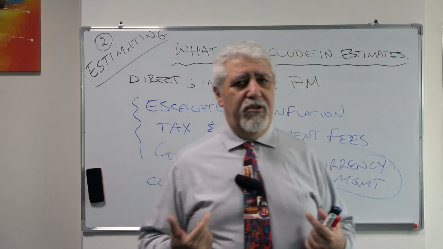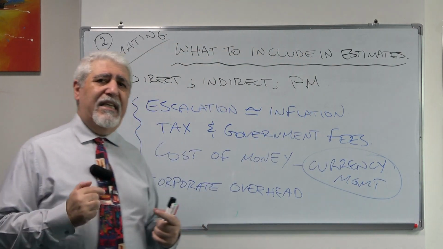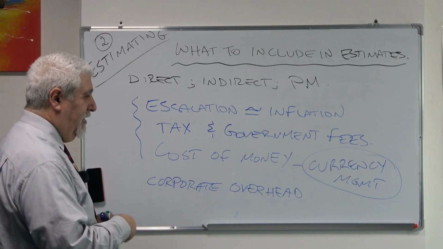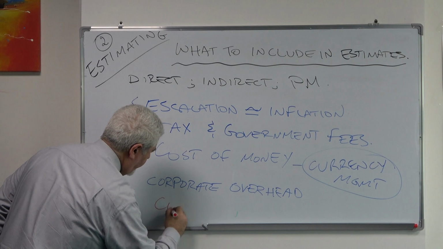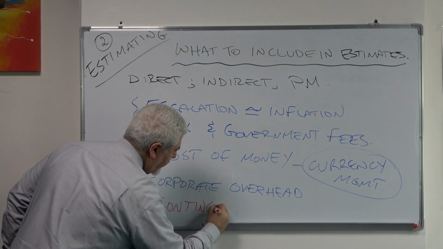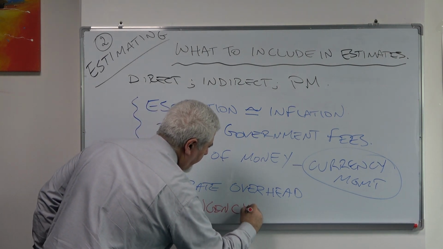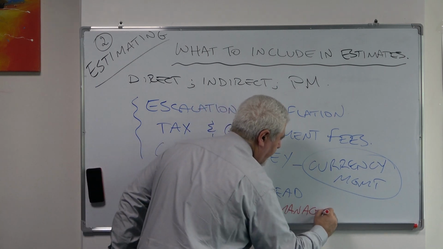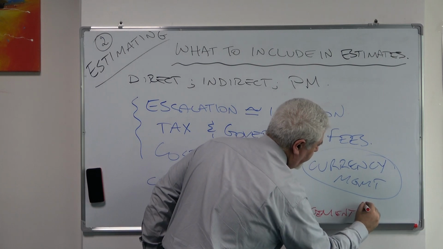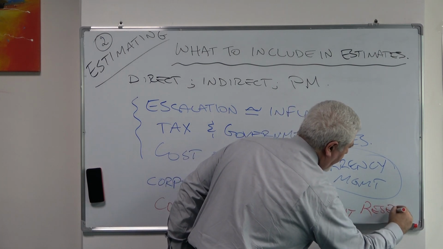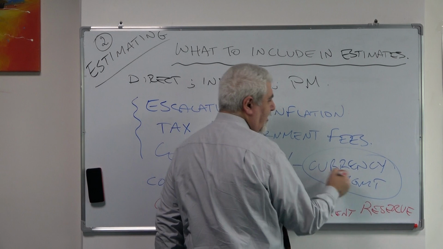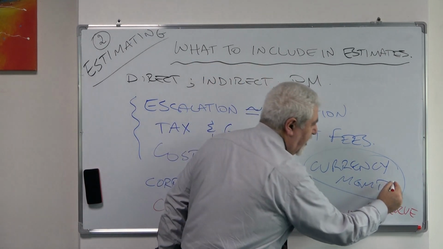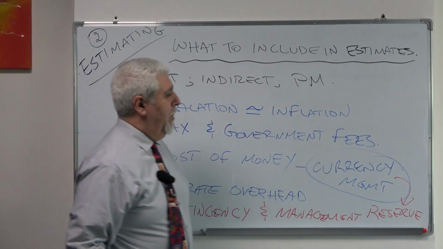I will be touching on contingency in the next video as well, but quickly, what we need to add here is contingency and management reserve. Now remember what I said, sometimes for currency, some organizations do hedging, they put it in here.